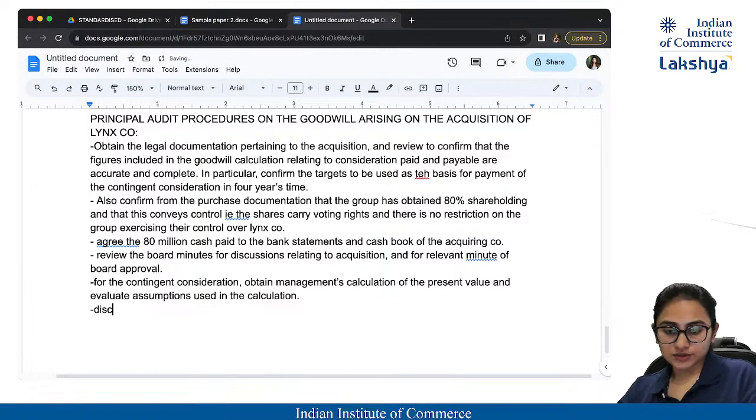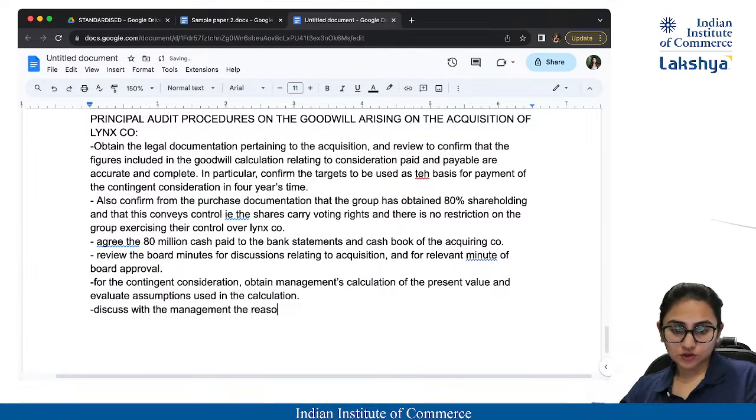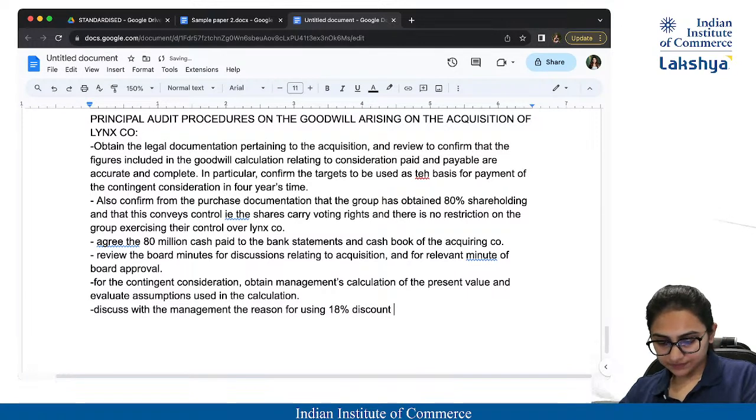Discuss with the management the reason you're using the 18% discounting factor. Reason for using 18% discount factor for calculation.